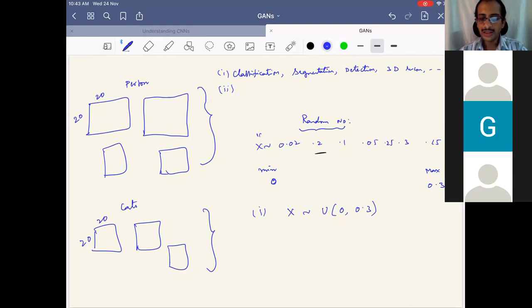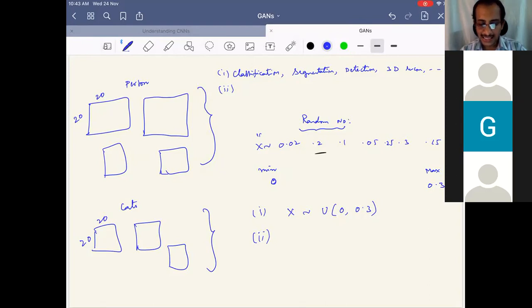Then can you comment a little more? I observe these random numbers are mostly still in the range 0 to 0.3 only, but they're not equally distributed. That means in each of the ranges, they don't occur with equal probability or frequency.